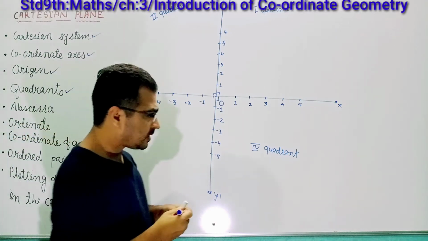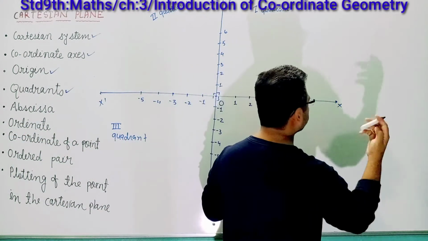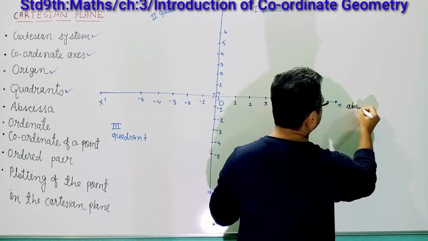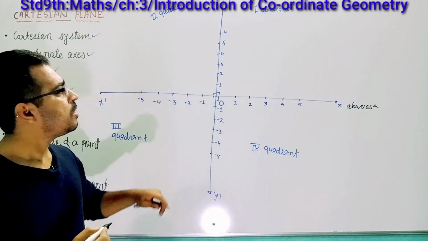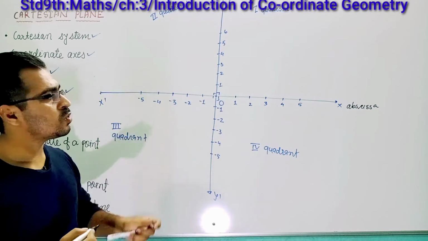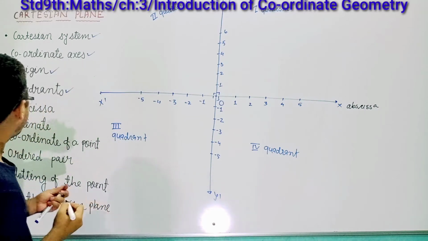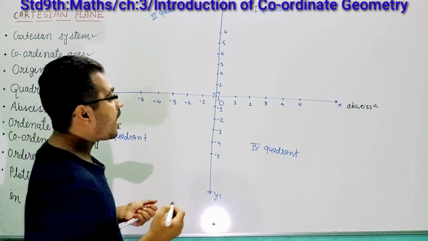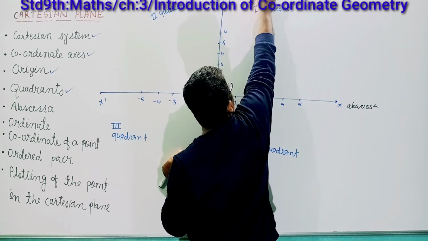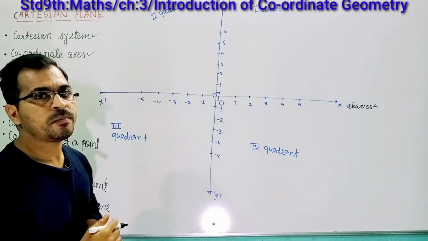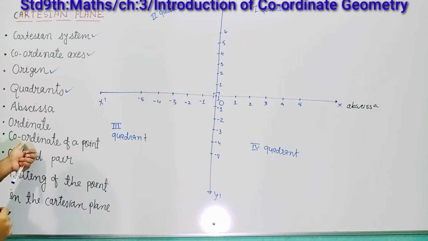Abscissa. What is abscissa? The x-axis of the Cartesian plane is known as abscissa. Ordinate. The y-axis of the Cartesian plane is known as ordinate.